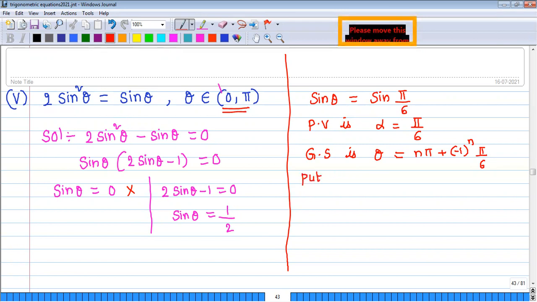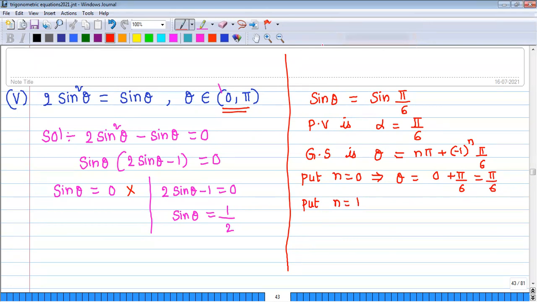Put n is equal to 0. That implies theta is equal to 0 plus pi by 6. Pi by 6 is equal to 30 degrees. Now put n is equal to 1.